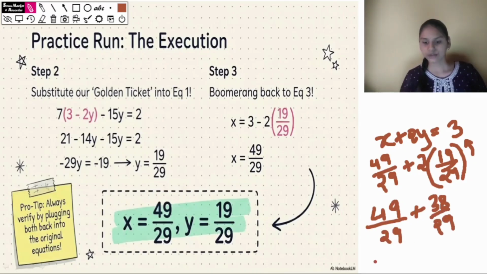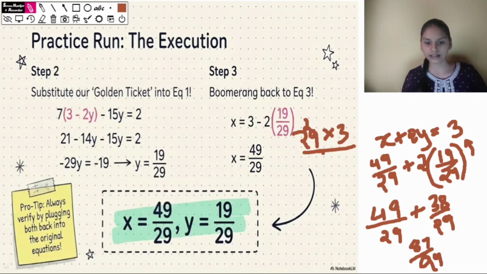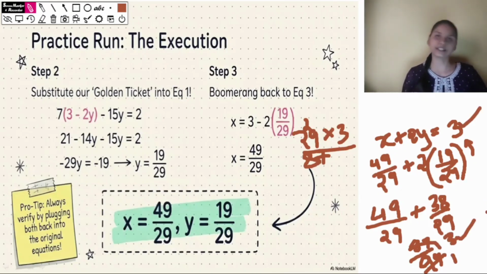If I add 49 plus 38, that gives me 87, so 87 by 29. 29 into 3: 3 nines are 27, 3 twos are 6, plus 2 is 8, so 87. You are getting 3. Yes, it is satisfied, which means my x and y values are correct.